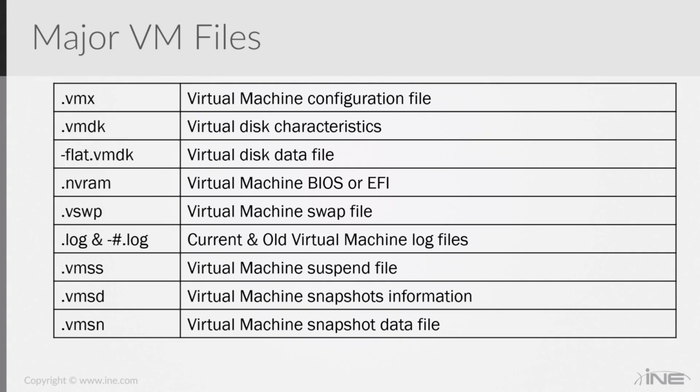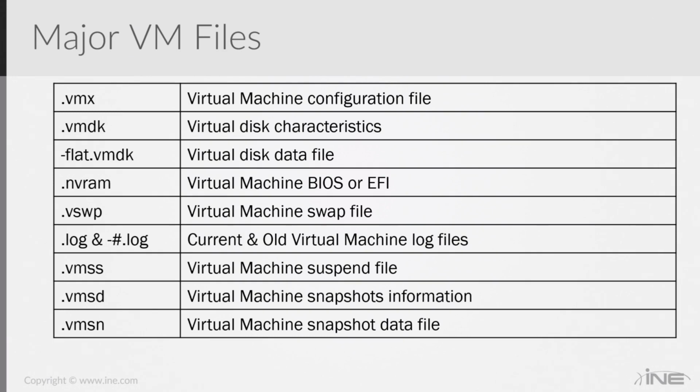There's of course log files. That's pretty self-explanatory. But understand that they're virtual machine log files. These are not the ESX log files. Those are stored on the ESX host itself. Okay. There's also a suspend file. So if you don't power off a virtual machine, if you just suspend it, just like you sort of do with your laptop, that sort of thing, if you were to suspend the operating system, it creates a VMSS file.